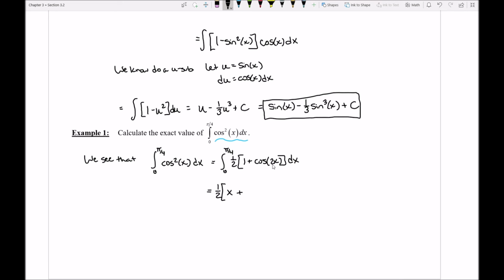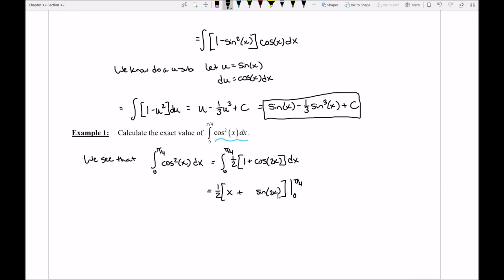And actually doing the antiderivative of a cosine of 2x can be done in multiple ways. You might be able to use a u substitution to finish it, which requires a lot of extra work and changing your bounds and a whole bunch of other stuff, or you can almost kind of eyeball this. This is the way that I would think through it. A cosine would have to come from a sine in the antiderivative. But of course I could check my work right now to see if this will be sufficient. Before I evaluate, let's just quickly double check. Obviously if I take the derivative of x, I get 1.